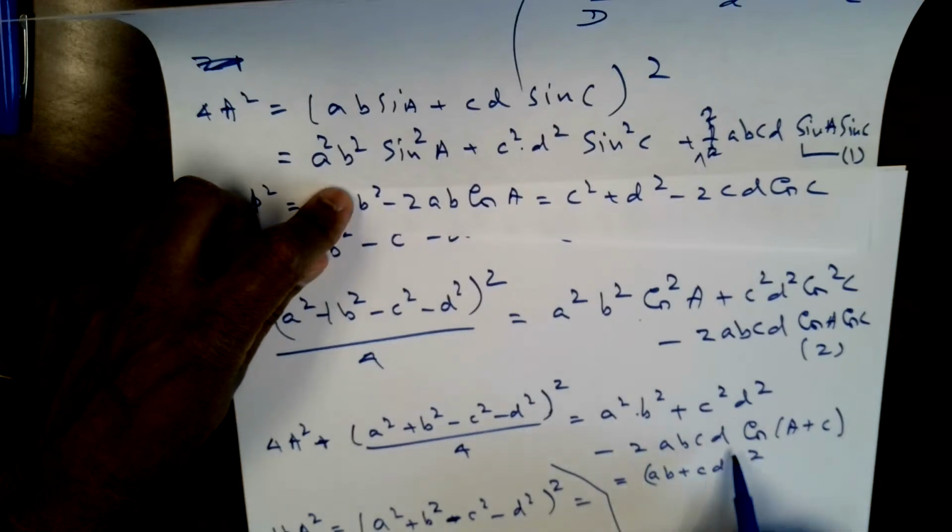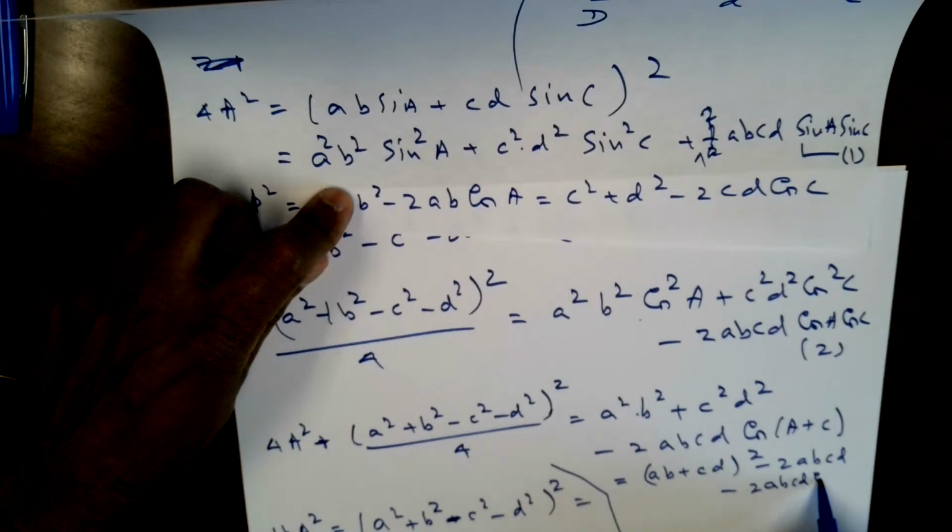Here you have this. So if you combine with all that, I should add minus 2abcd. Then you have minus 2abcd cos a plus c.